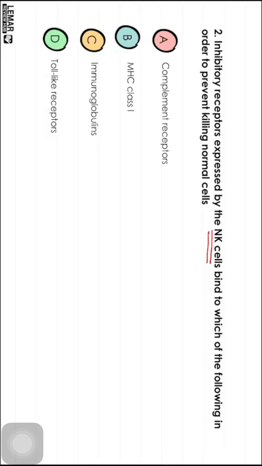They are a subclass of leukocytes in our blood circulation that recognize virally infected and neoplastic or malignant cells. So they recognize these cells as non-self.